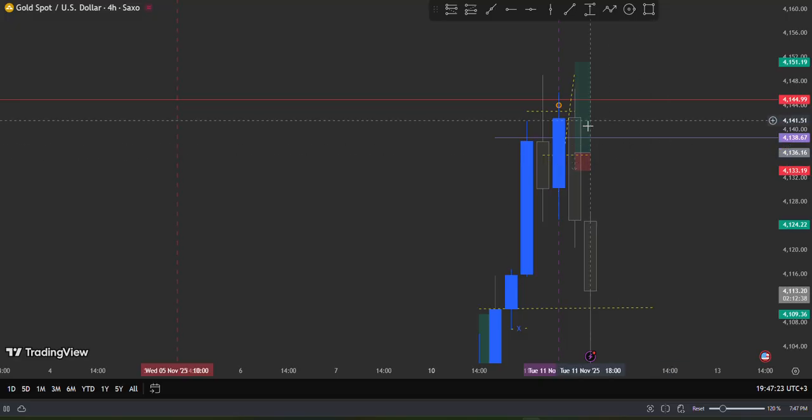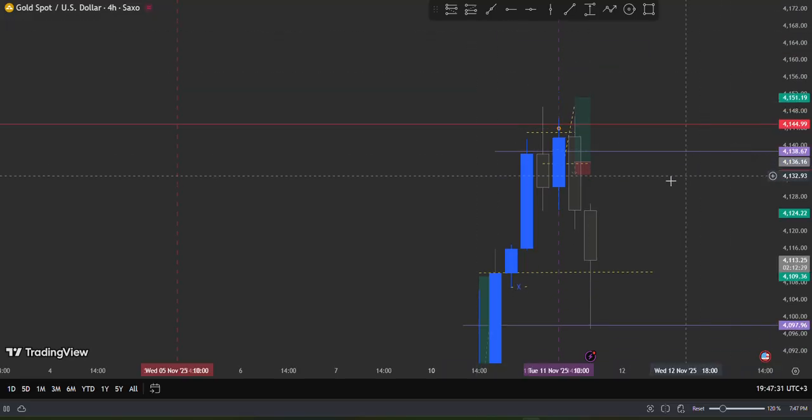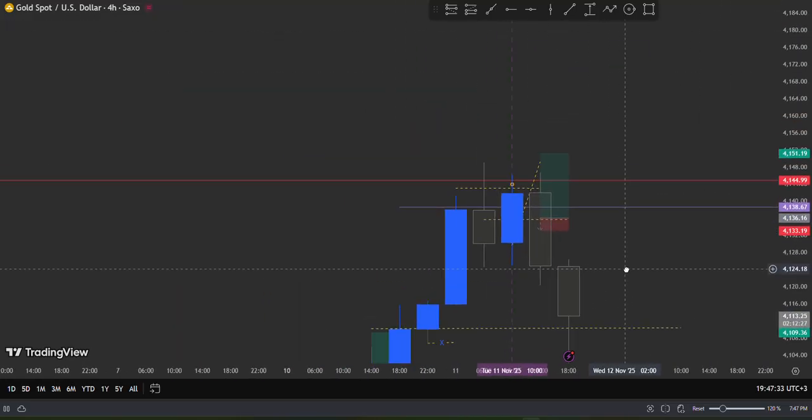So first of all, let me clear everything and leave them there. I entered the market at around this time, around this candle, it was only this candle here.